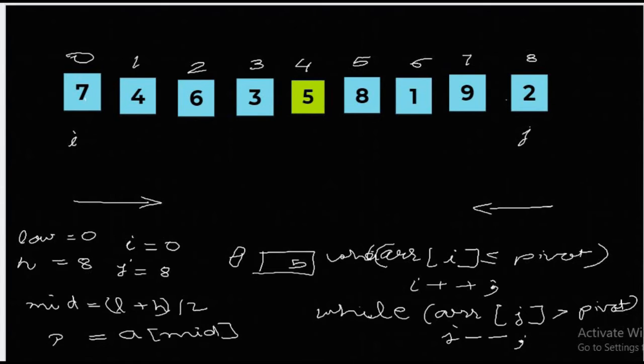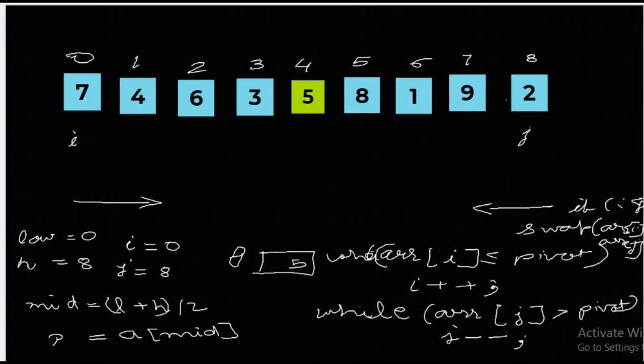In this condition, we have two elements here, 7 and 2, where 2 is less than 5 but it is at the right hand side, while 7 is greater than 5 but it is at the left hand side. So we have to swap these two values. For that, after this condition, we check if i is less than j, then swap array[i] and array[j].